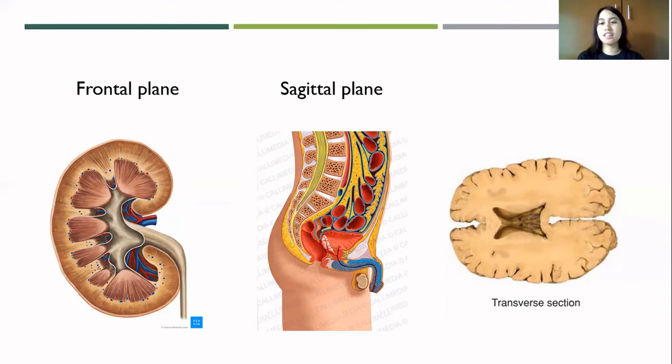And last but not the least, the division is in the horizontal part of the brain. That's why you can see the top or the lower part of the brain. So it is the transverse plane.